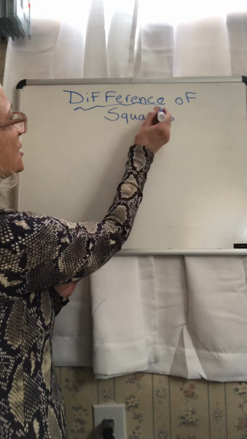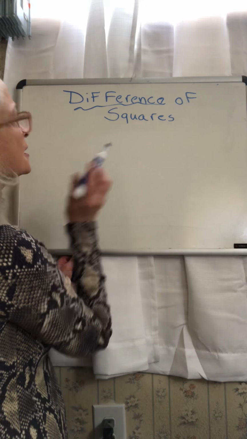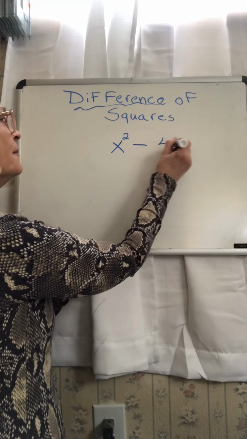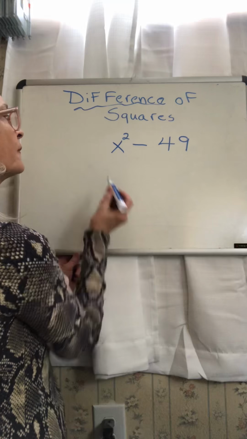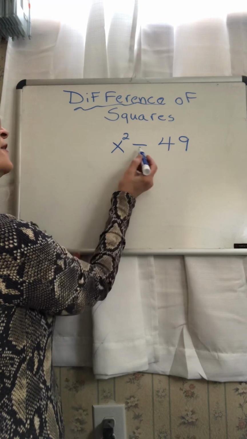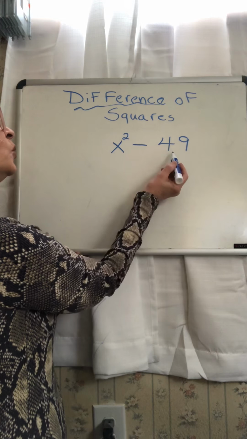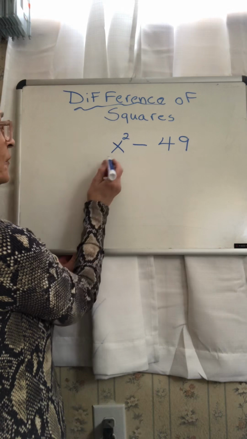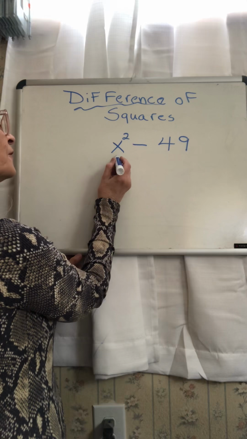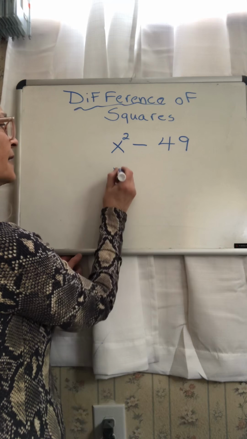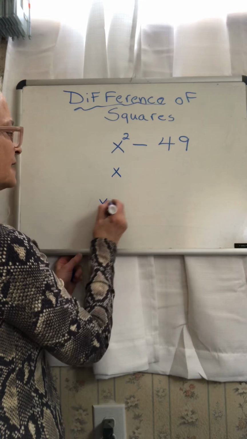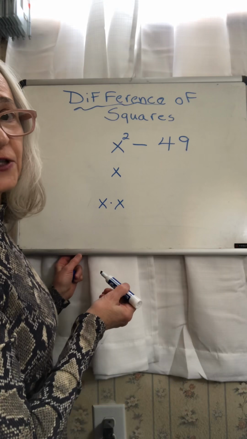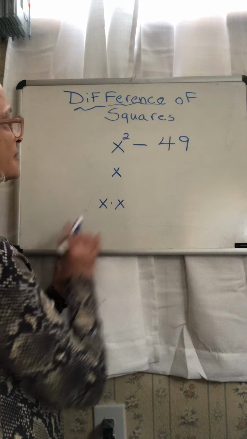Another important thing to notice is the word difference. So when we're using a difference of squares, and I'll give you an example of one, you're going to have a subtraction sign in between the two perfect squares. So if I were to factor this, I would find the perfect square of x squared, which is x, and you think about this, x times x is x squared, so that's why it's a perfect square. So just 1x.